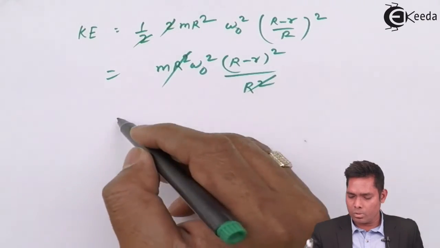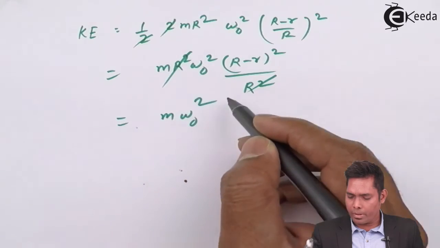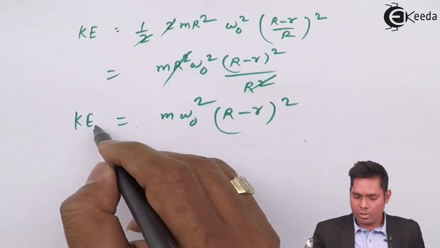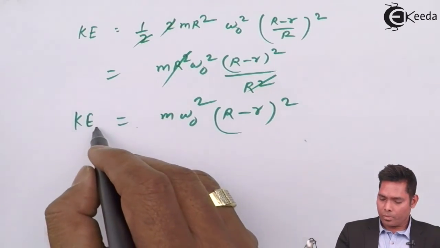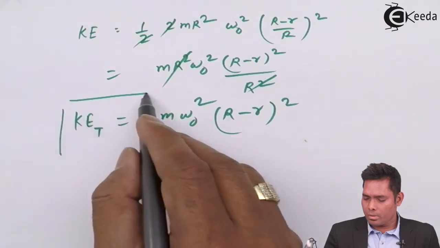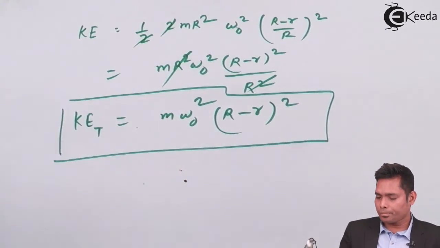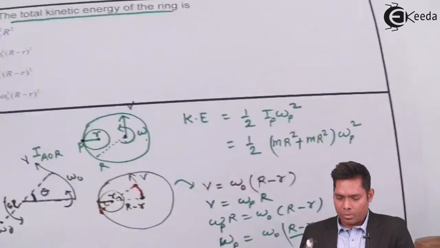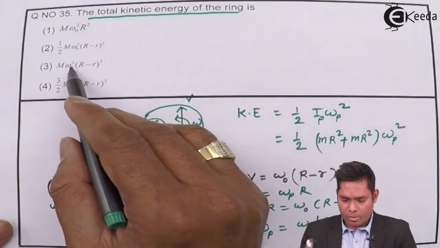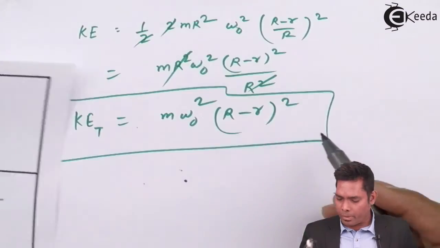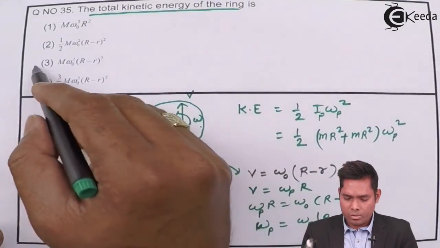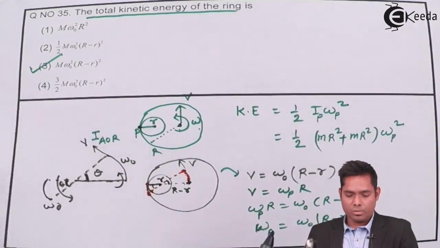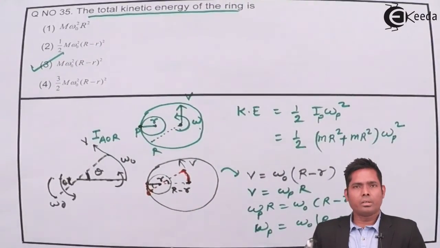This r square goes, this is m omega naught square, (R minus r) the whole square. This is the total kinetic energy of the ring. If I see the options, m omega naught square (R minus r) whole square, so option number 3 is the correct answer to this question. Okay, thank you.